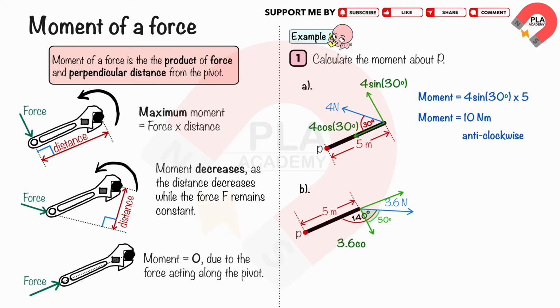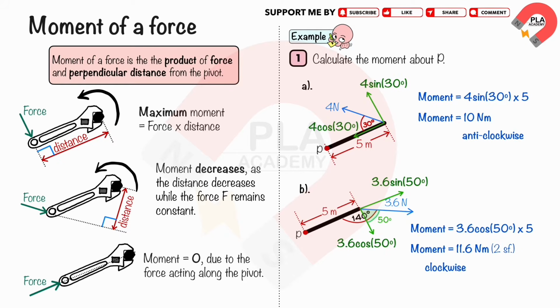The perpendicular component is 3.6 cos 50 degrees, and the parallel component is 3.6 sin 50 degrees. The moment of the 3.6 newtons force about P is 3.6 cos 50 degrees multiplied by 5. We get the moment equals 11.6 newton meters, to 3 significant figures, in clockwise direction.